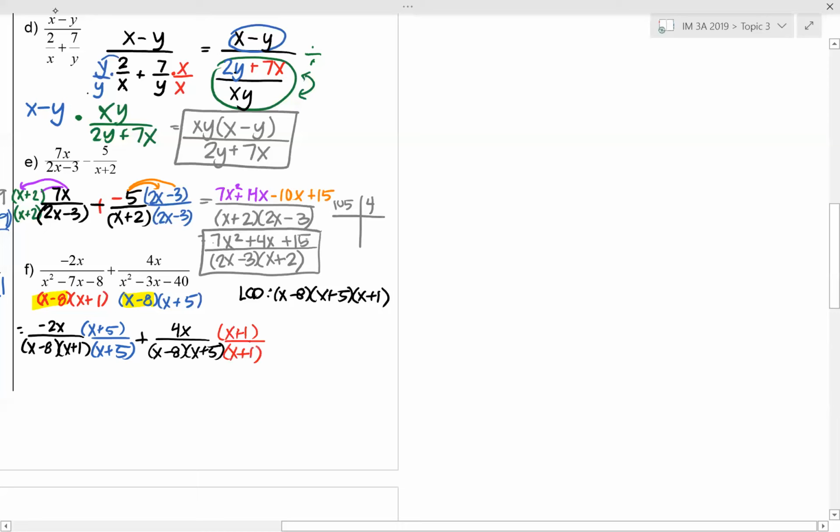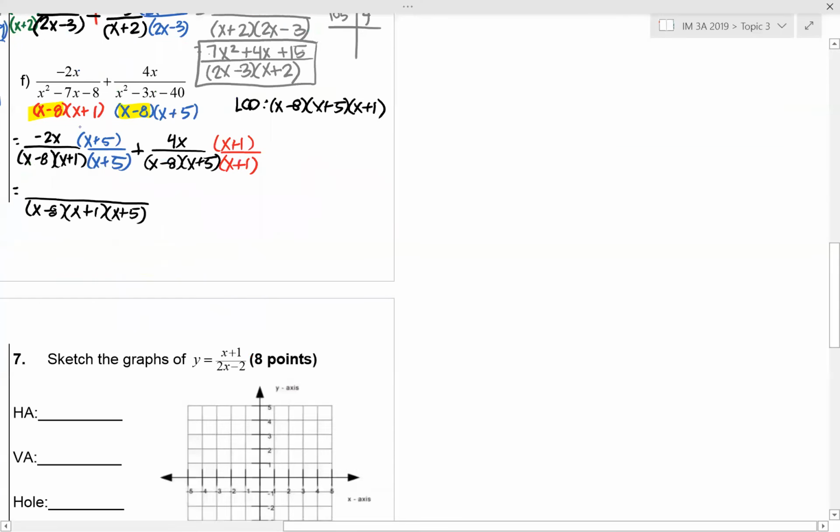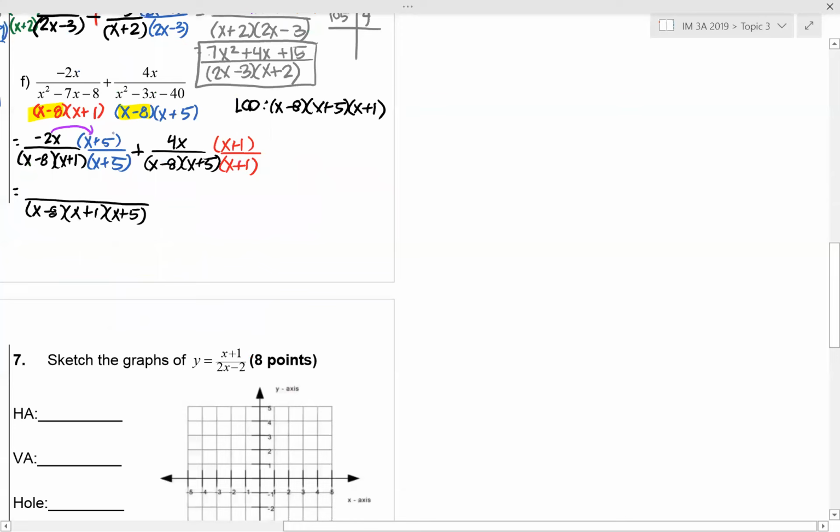So now that they both have the same denominator, which is x minus 8 times x plus 1 times x plus 5, I can distribute the numerators to simplify. So I can multiply negative 2x by x plus 5. So that's going to be negative 2x squared minus 10x.